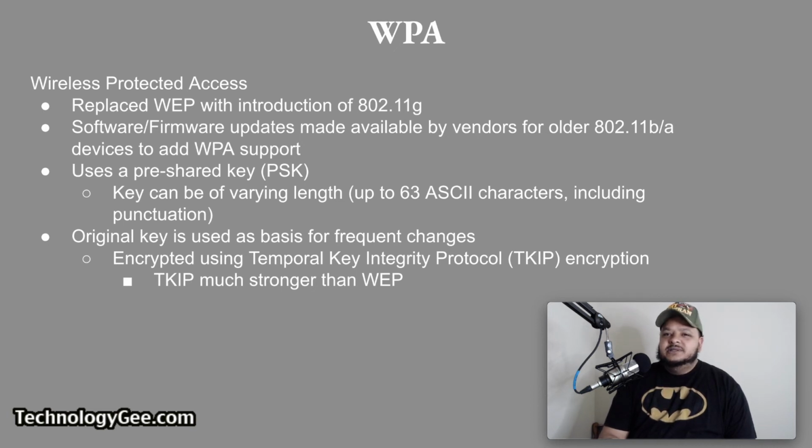WPA also uses a pre-shared key, also known as a PSK, but unlike WEP, the key can be of varying length, up to 63 ASCII characters, including punctuation. The original key is used as the basis for frequent changes, and it is encrypted using Temporal Key Integrity Protocol, or TKIP encryption. TKIP has many features that make it stronger than WEP.